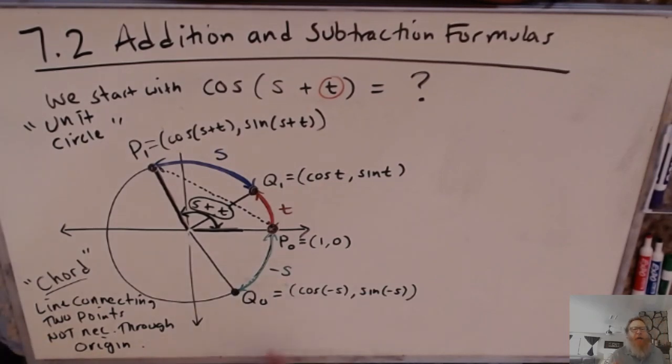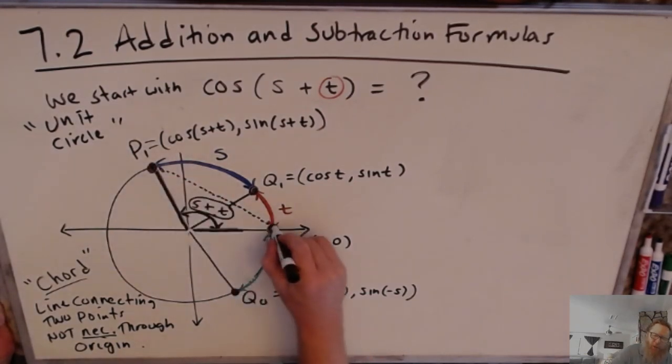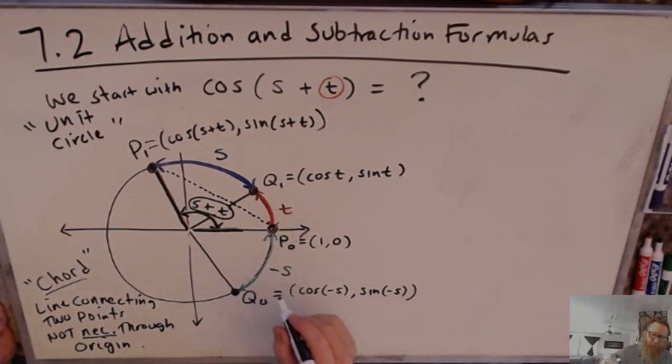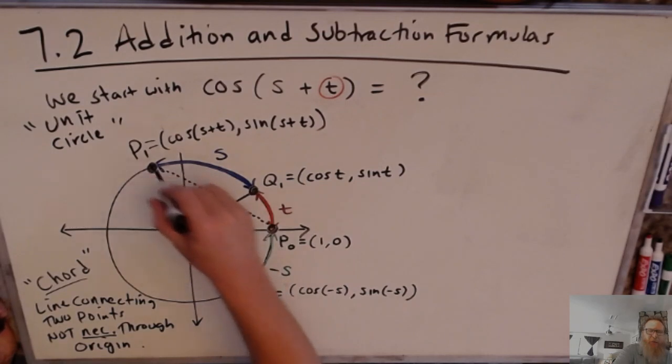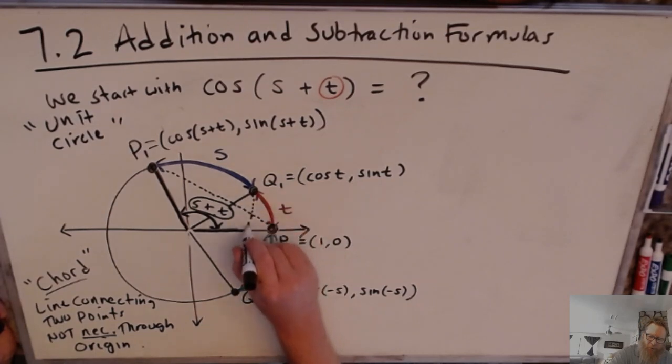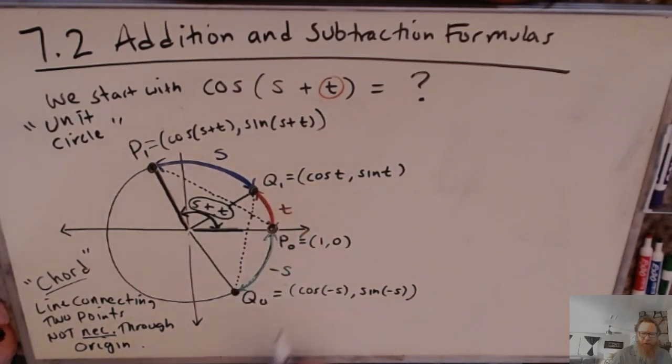I mean, it could pass through the origin, but it's not necessary. So you just take any 2 points on the circle, you draw a line connecting them, and that line is called a chord. So I'm going to form a chord P0, P1, and I'm going to form a chord Q0, Q1.